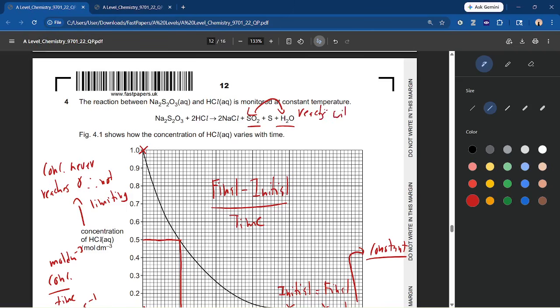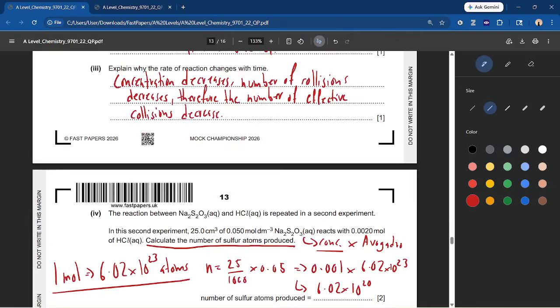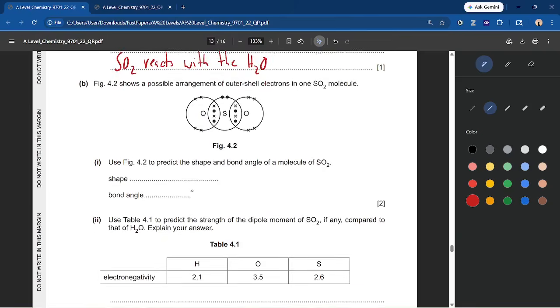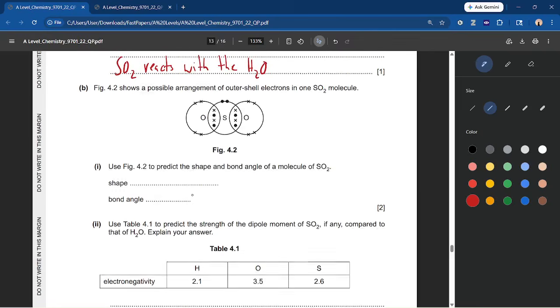So that's why you can't measure that. So this will be SO2 reacts with the H2O.